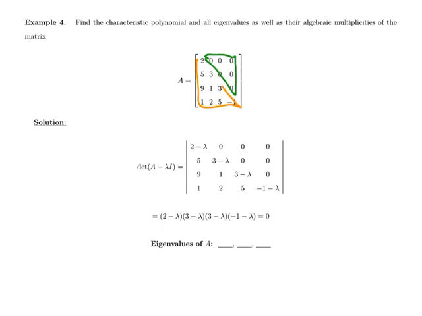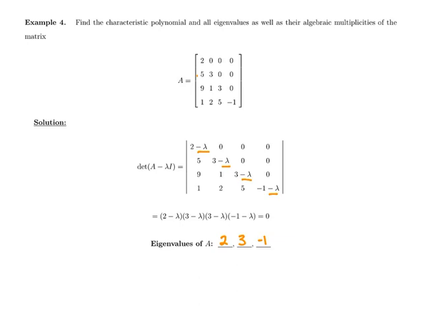And if I want to find the determinant, I'm going to subtract lambda, and I'm going to multiply the diagonal entries, and this will give me the characteristic equation 2 minus lambda, 3 minus lambda, 3 minus lambda, negative 1 minus lambda equals 0, which means my eigenvalues are 2, 3, and negative 1.